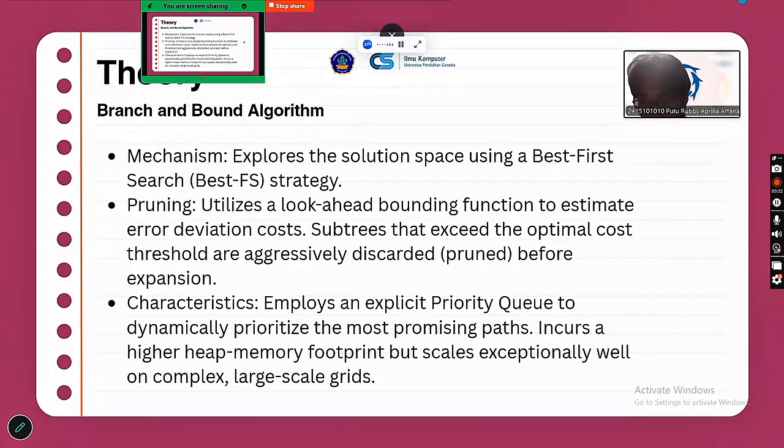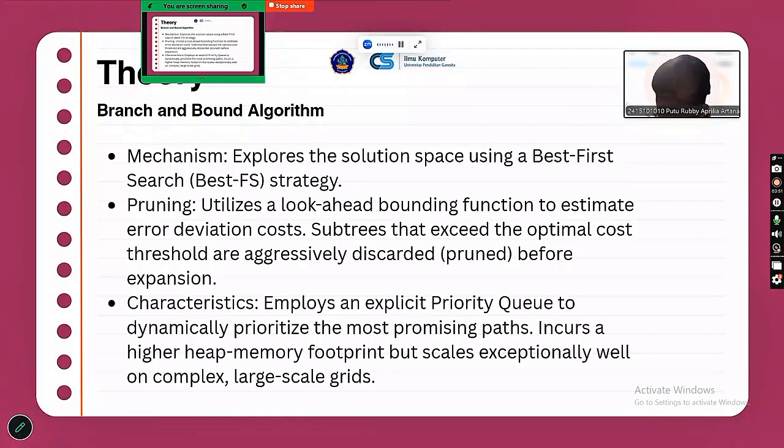And then for the branch and bound algorithm, the mechanism is to explore the solution space using a best-first search, or best-FS, strategy, and then pruning. For the pruning, it utilizes a look-ahead bounding function to estimate the cost, and subtrees that exceed the optimal cost threshold are aggressively discarded, pruned before expansion.